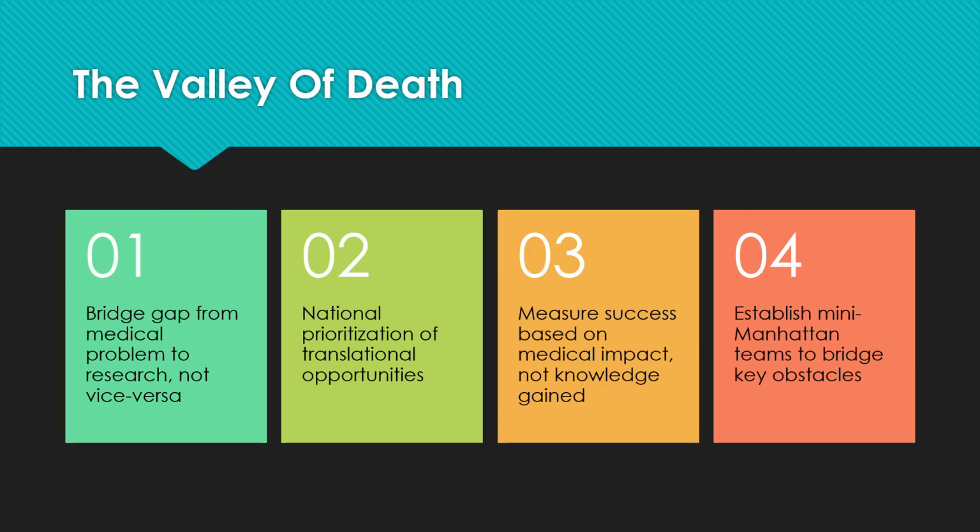The first of which is to bridge the gap from medical problem to research, not vice versa. The second is for natural prioritization of translational opportunities. The third is to measure success based on medical impact, not knowledge gained. And the fourth is to establish mini Manhattan teams to bridge key obstacles.